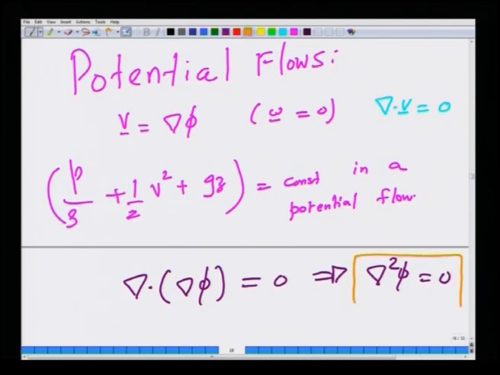So, the two constraints on the flow, that the flow is irrotational and the flow is incompressible, means that the velocity potential satisfies a Laplace equation, and the Laplace equation is one of the most well studied equations in any branch of physical science, because it occurs not just in fluid mechanics, it occurs in heat transfer, mass transfer, it occurs in electrostatics, it occurs in quantum mechanics, and so on and so forth. And so, it has been well studied, and there are lots of methods to solve this linear equation.